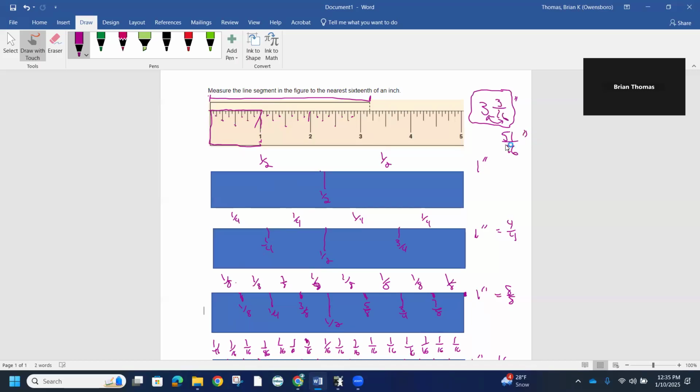So 51/16 is the same thing as 3 and 3/16 of an inch. So we could write those either way. 3 and 3/16 is called a mixed number. The 51/16 is described as an improper fraction. So an improper fraction is a fraction that is one or greater.